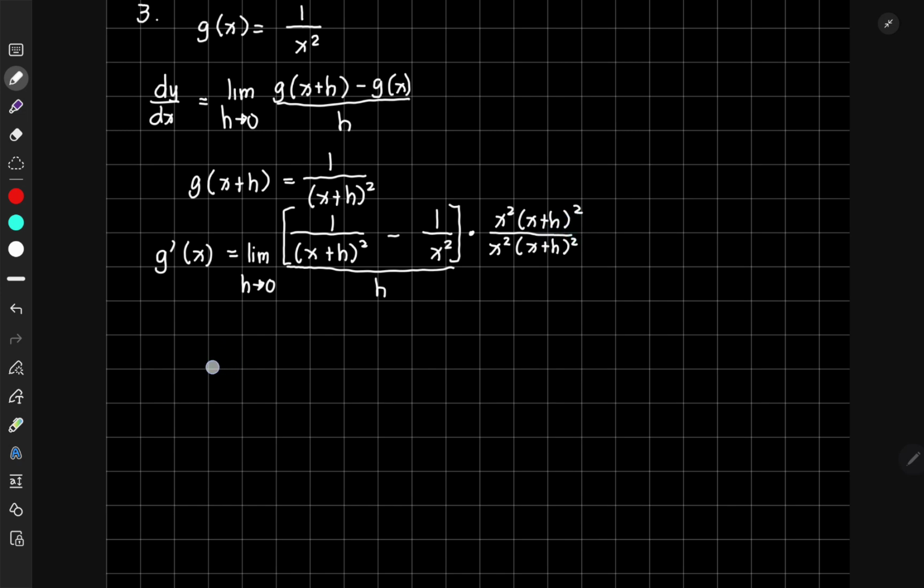So what remains would be x squared. Then minus, the x squared cancels out, and only x plus h squared remains. In the denominator, we just copy the least common denominator, x squared multiplied by x plus h squared, all over h as h approaches 0.